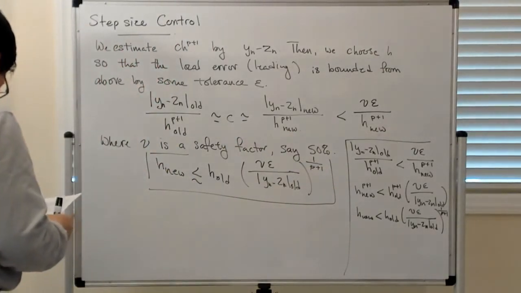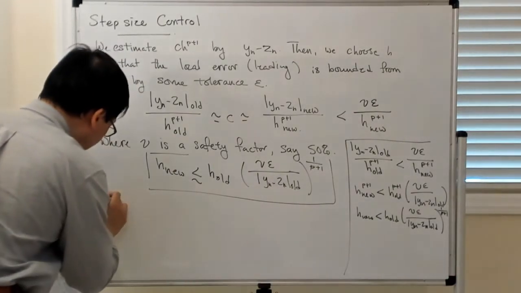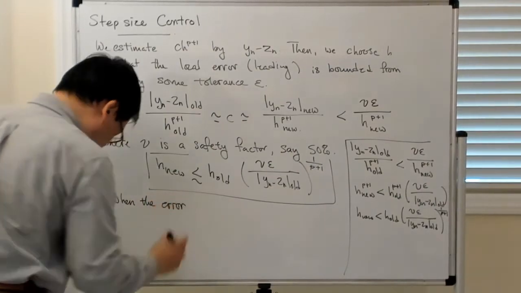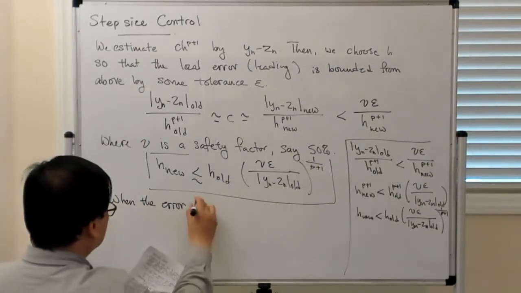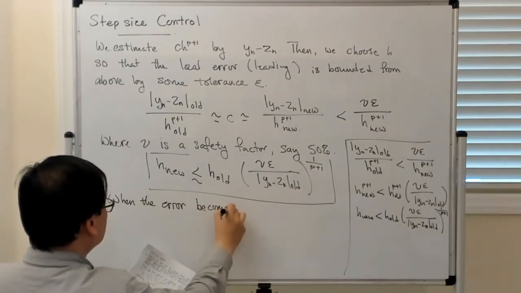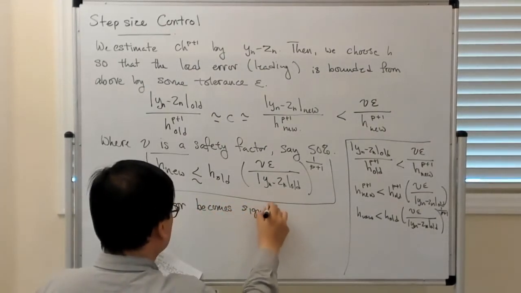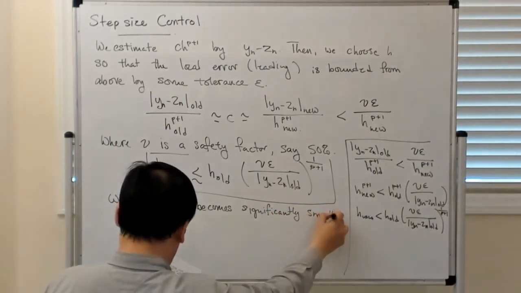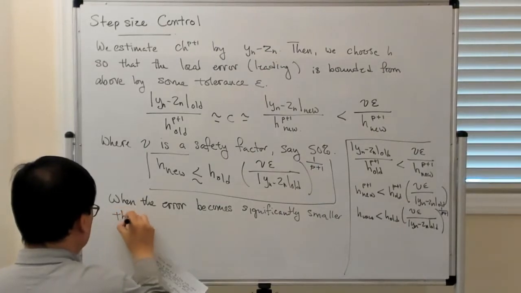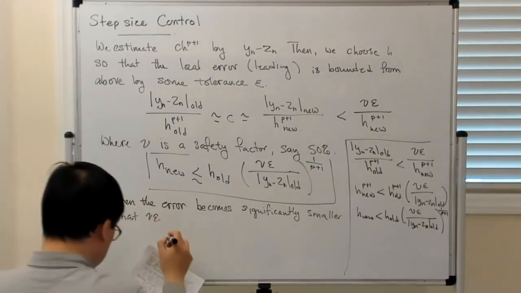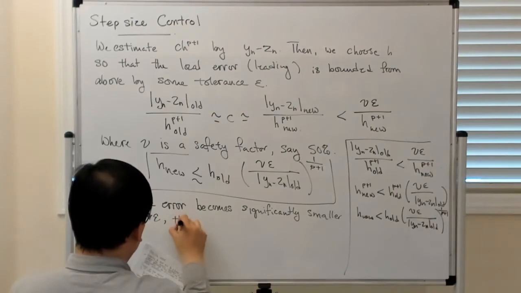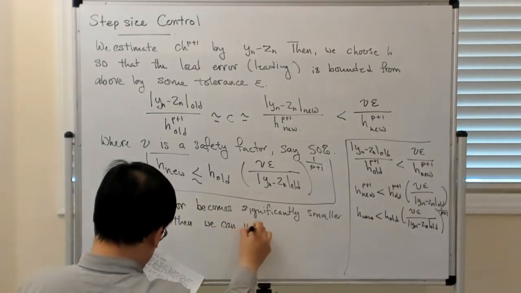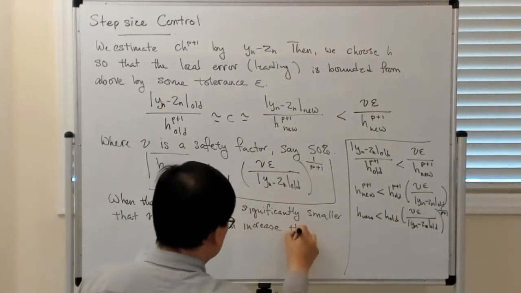So the point is that when the error becomes significantly smaller than nu epsilon, then we can increase the time step, increase the step size.